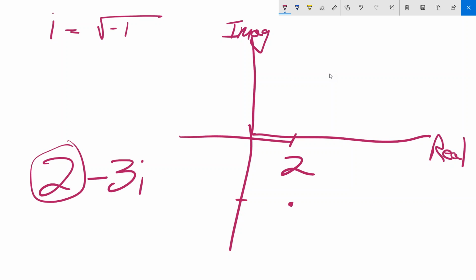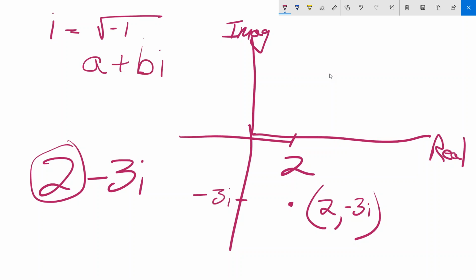So the coordinates on that thing would be 2, minus 3i. And notice this is not an x and y scale. It's a real number and imaginary number. So any complex number of that form, you can graph on this coordinate plane. A is just the horizontal axis, and B is the vertical axis.